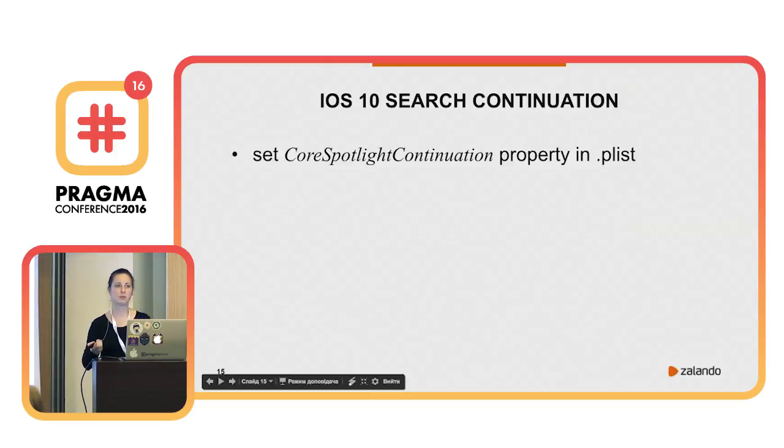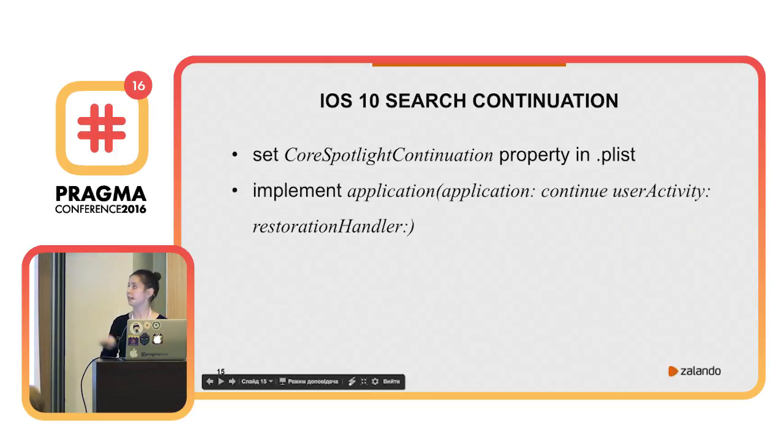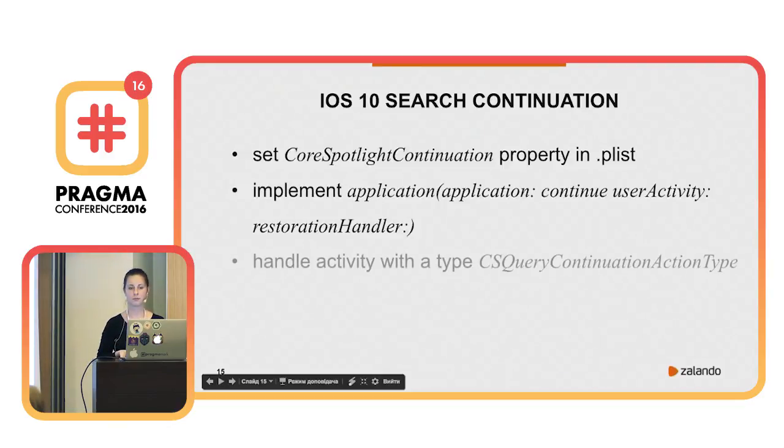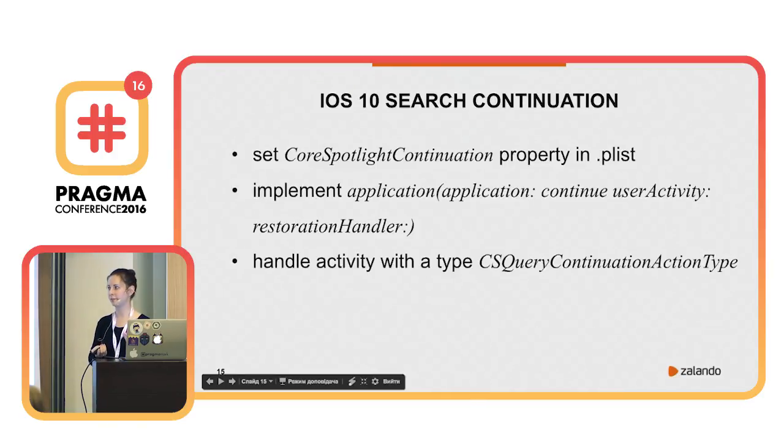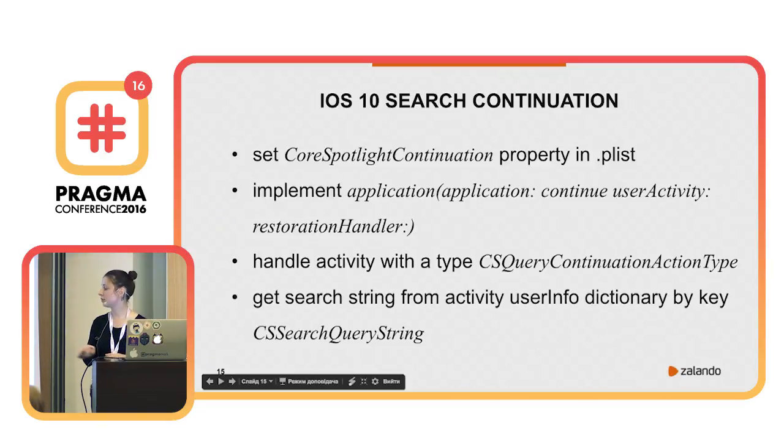So we tell the system, okay, support this feature, implement this method, and handle this type of action. So we always work with action types in the delegate method. So we will have this specific type, the query continuation action type. And we will have a user info, and in this user info we will get a string with which we can continue searching in our application.